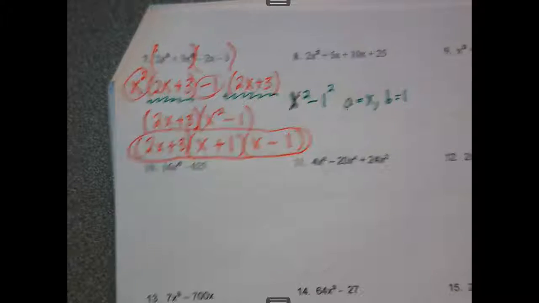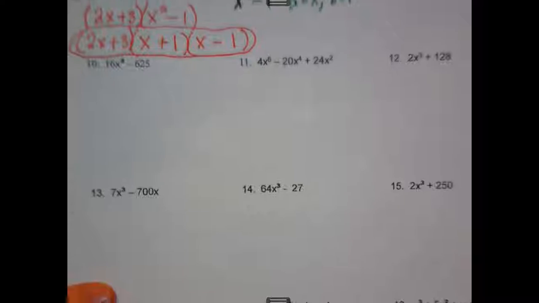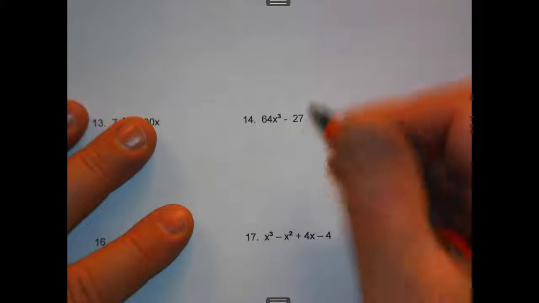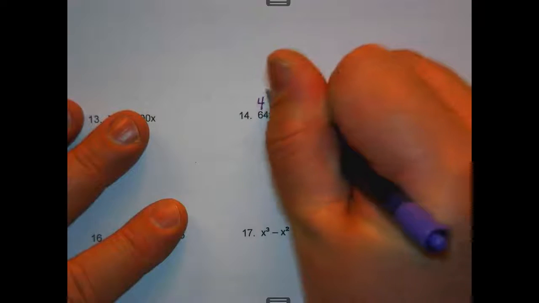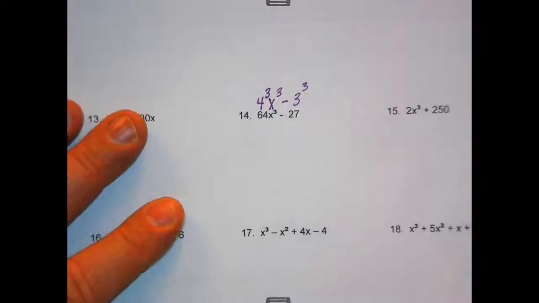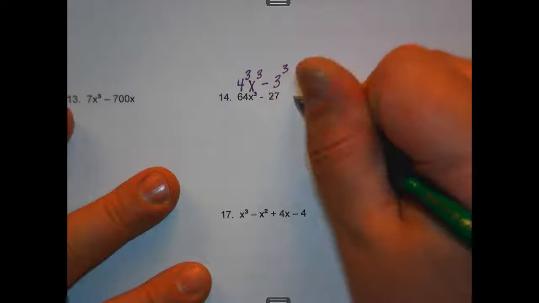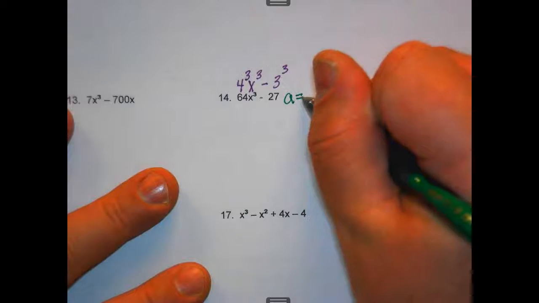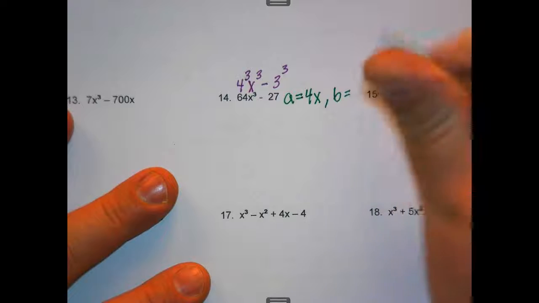Let's do a cubic again. Let's do number 14. Let's see, I'm going to rewrite this as 4 cubed x cubed minus 3 cubed. My a is 4x. My b is 3.